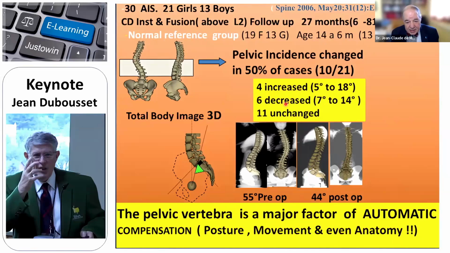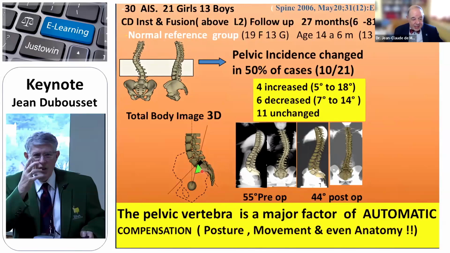And this change is correlated with the evolution, the compensation. For adult patients, you have compensation on the lower limbs. For adolescent patients during growth, the compensation is important at the pelvis level. So you have this change.